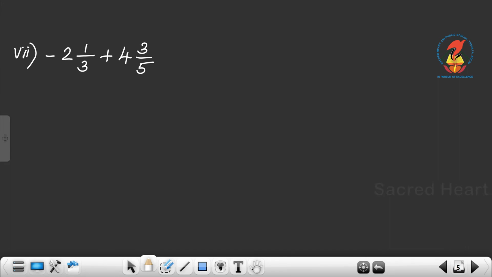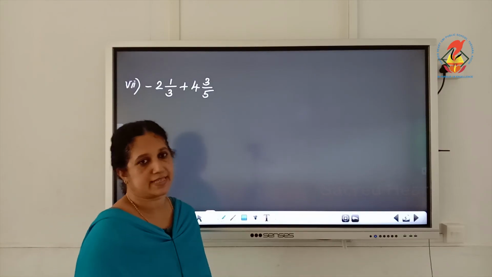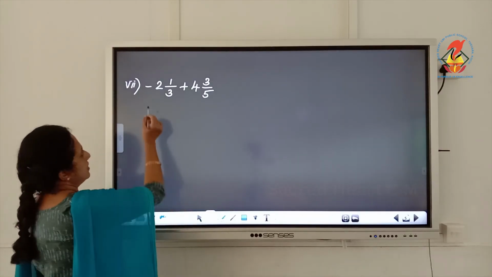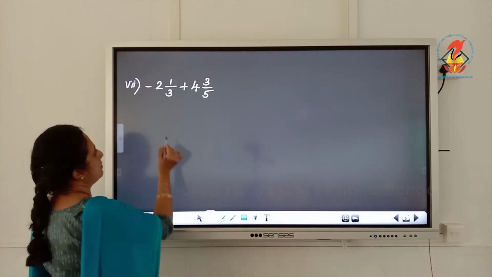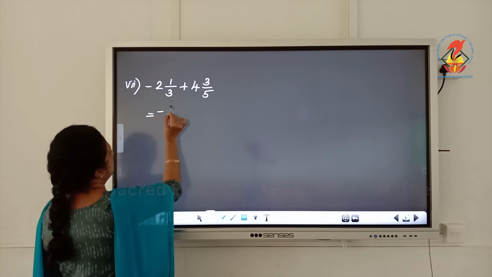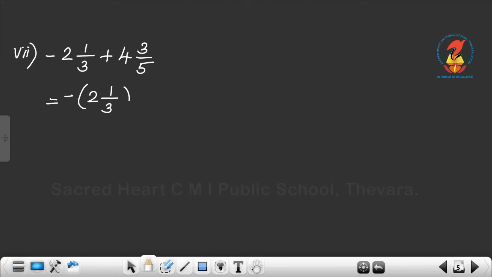It is similar to the addition of fractions. Next, negative 2 1 by 3 plus 4 3 by 5. Which is equal to negative of 2 1 by 3 plus 4 3 by 5. 2 threes are 6 plus 1 is 7, so negative 7 by 3 plus 4 fives are 20 plus 3 is 23, so 23 by 5.